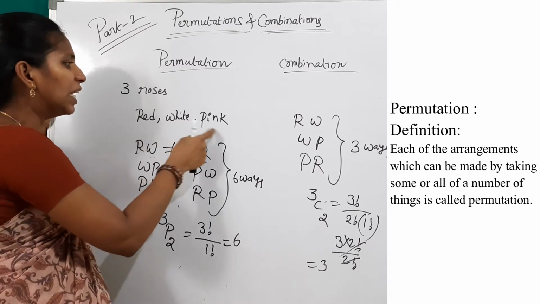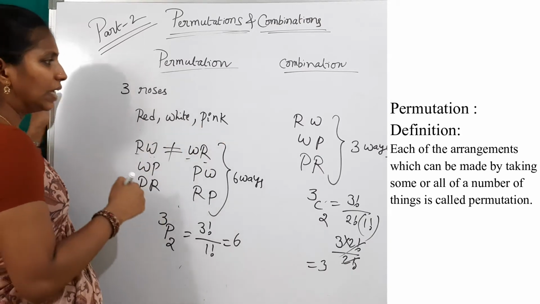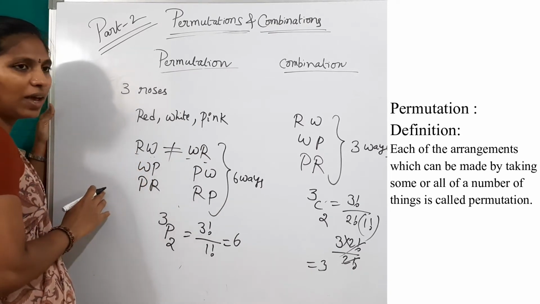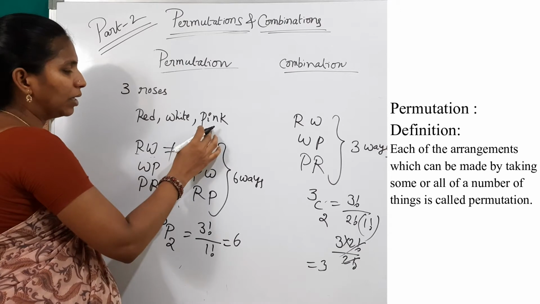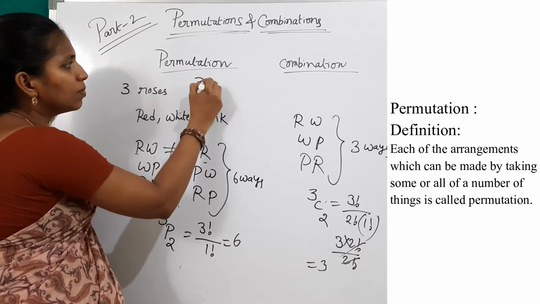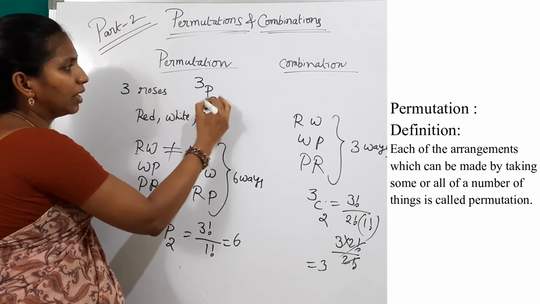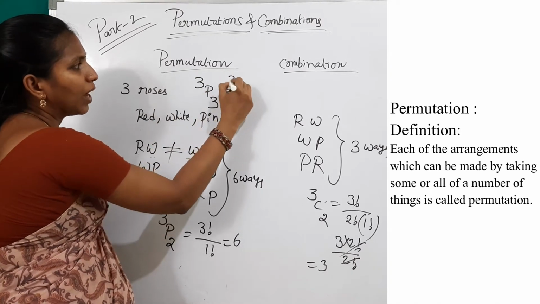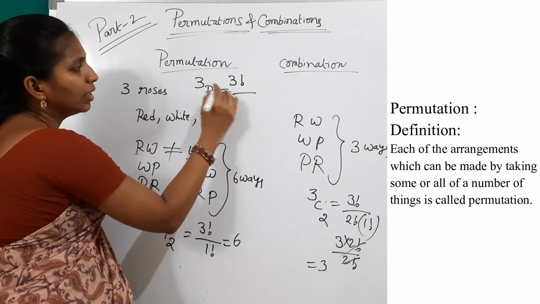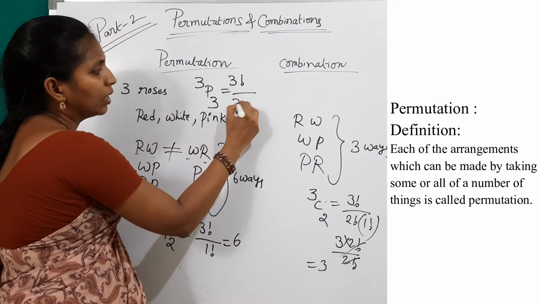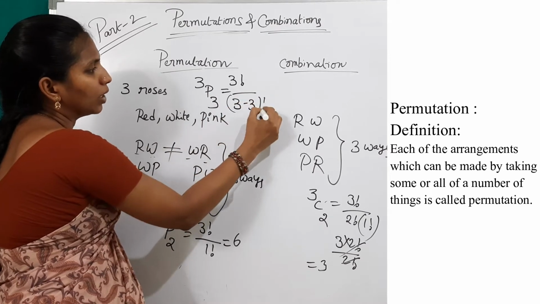To choose 3 at a time, to choose 3 roses, not 2, then what are the possible ways? Red, white, pink. Then red, pink, white. Like that, possible ways are 3P3. 3P3 is equal to n factorial by n minus r factorial, 3 factorial by 3 minus 3 factorial.